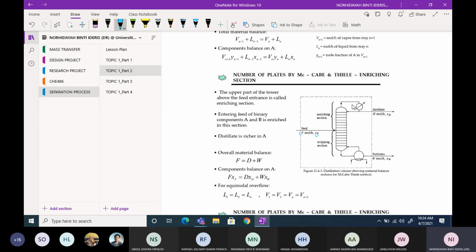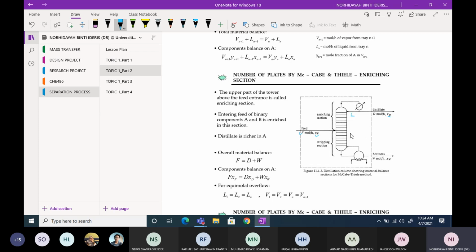You have this distillate D, in mole per hour, which is the product coming out from the top part of the column, with mole fraction XD. The one going back to the column is labeled as L.